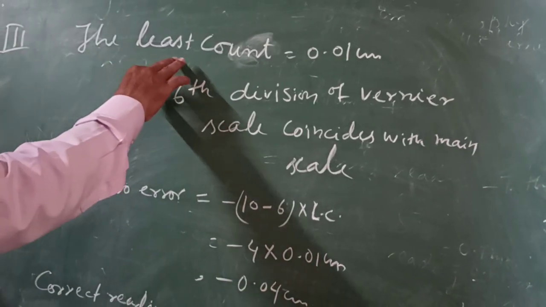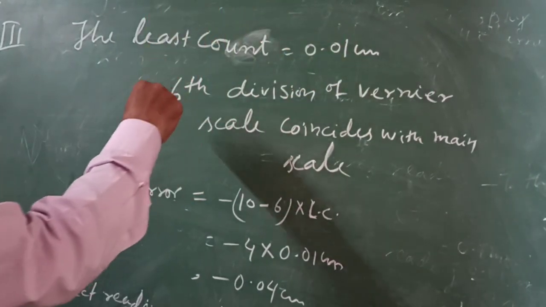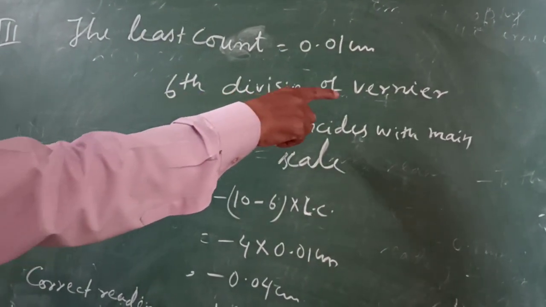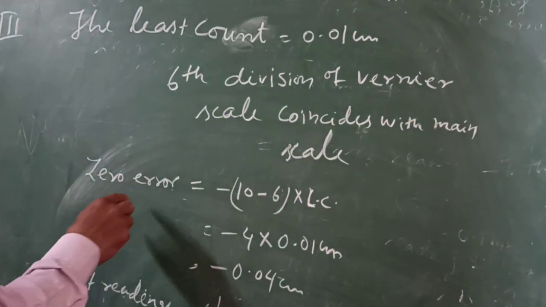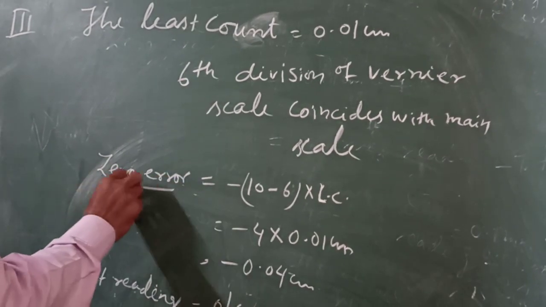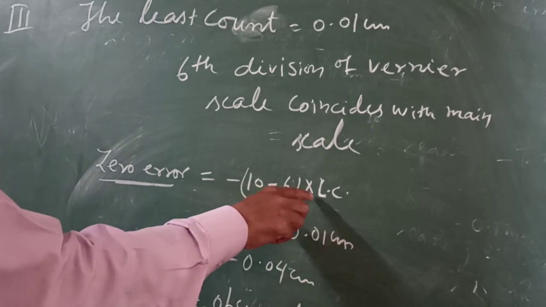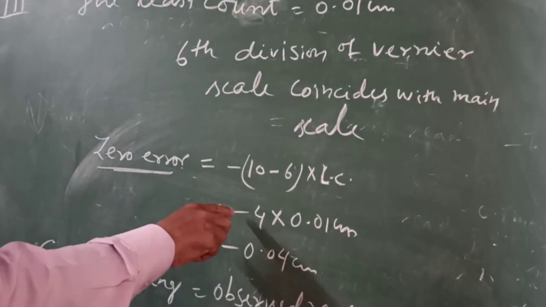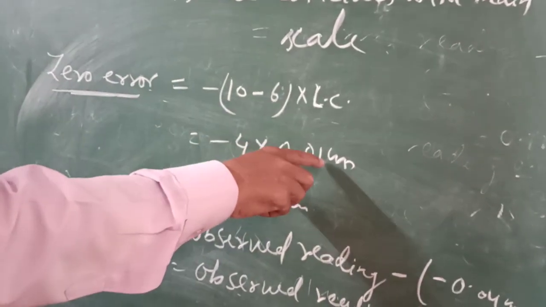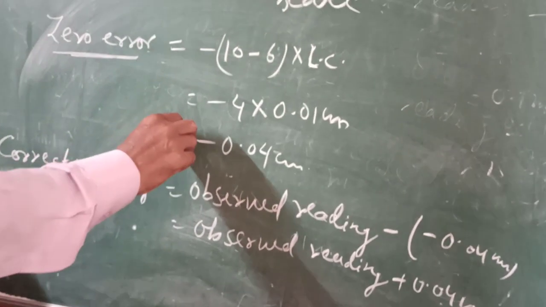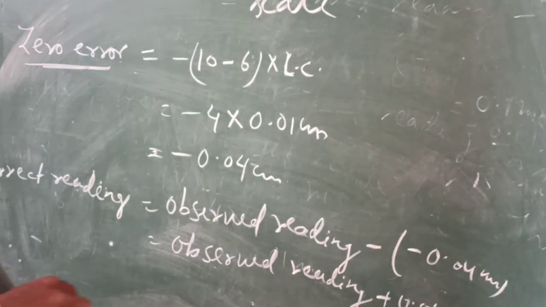Third, the least count is equal to 0.01 centimeter. Sixth division of vernier scale coincides with main scale. Zero error is equal to minus (10 minus 6) into least count, then minus 4 into 0.01 centimeter is equal to minus 0.04 centimeter.